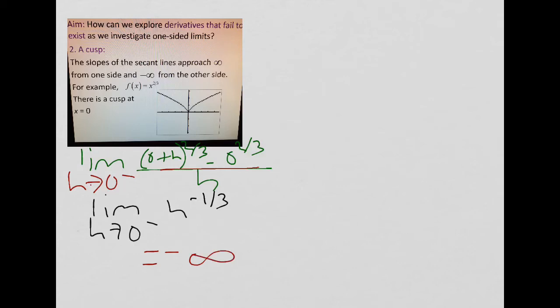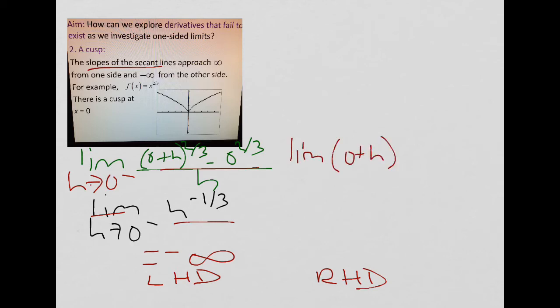And that's why I mentioned the slope of the secant line, because we can't finish the limit without looking at what our graph is for the slope of the secant line. So this is our left-hand derivative. And our right-hand derivative is positive infinity.